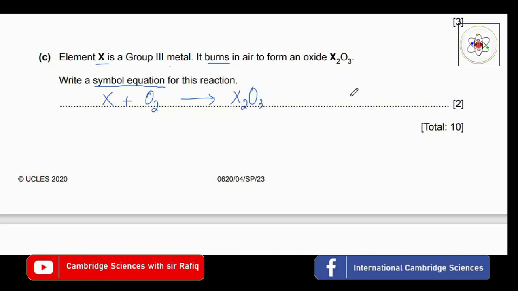If you're asked to write the balanced equation, you obviously have to balance it. Oxygen is 3 on the product side and 2 on the reactant side, right? So you have to equalize the number of oxygen atoms. 3 will be multiplied by 2 to get 6 atoms of oxygen, and 2 multiplied by 3 to get 6, right? This is how we balance oxygen, and X became 2, so 2 to 4. So just write 4 as a coefficient before X to complete the balanced symbol equation, right?